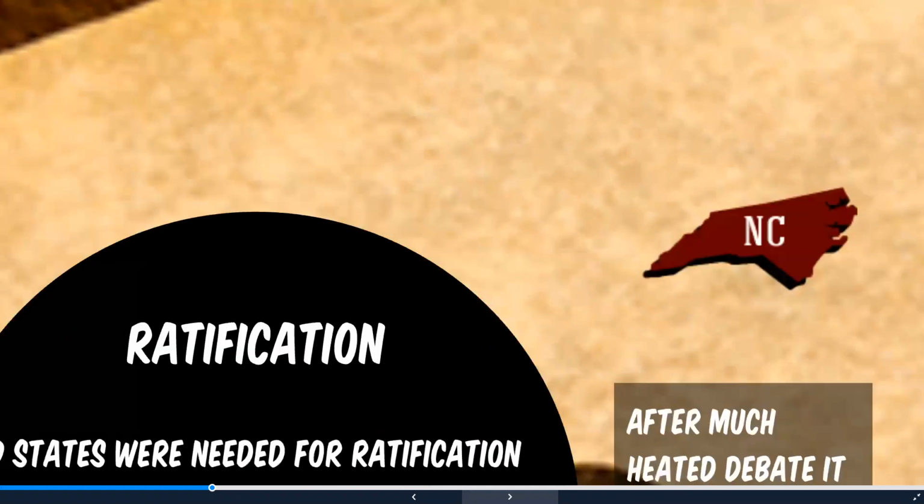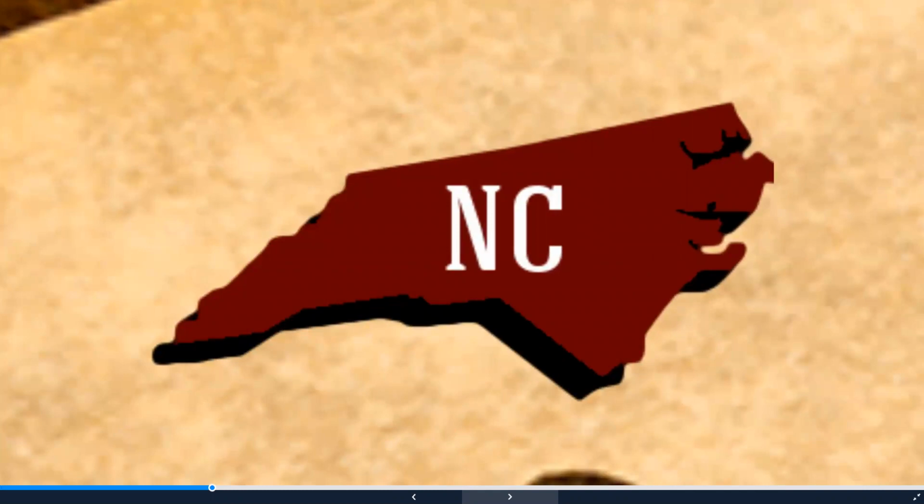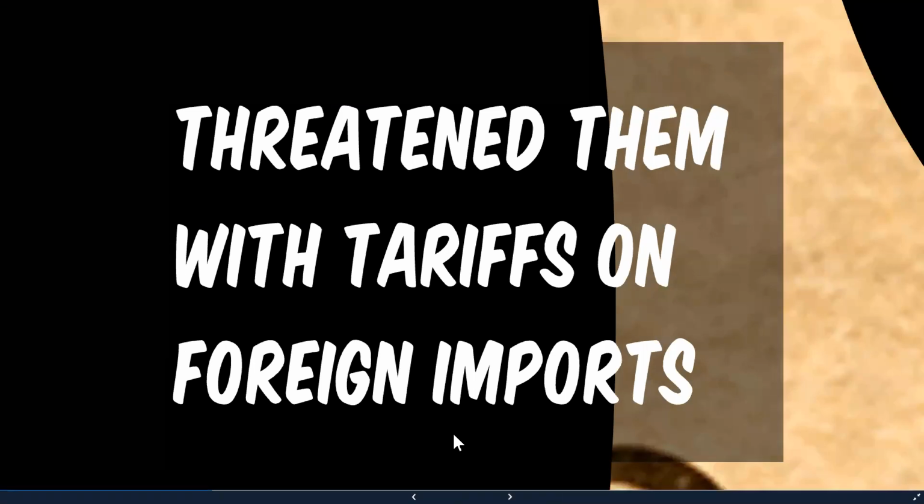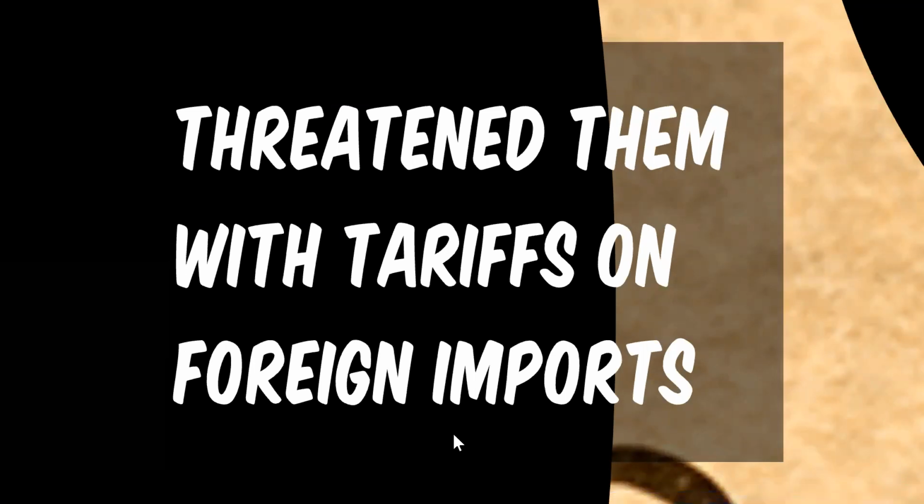Rhode Island and North Carolina refused to ratify, refused to vote to approve the Constitution. And the other 11 states said, okay, if you don't ratify, then we're going to consider you not part of this country, and we're going to put tariffs or taxes on anything that you want to import or export either in or out of your state.